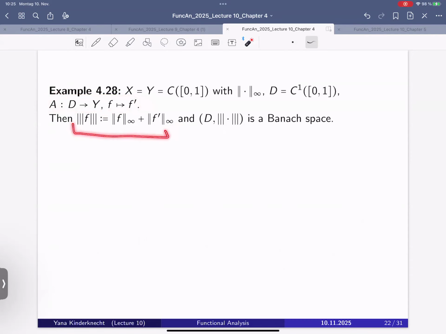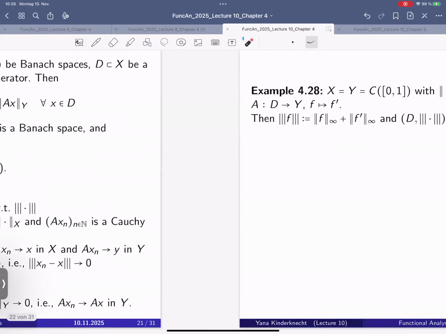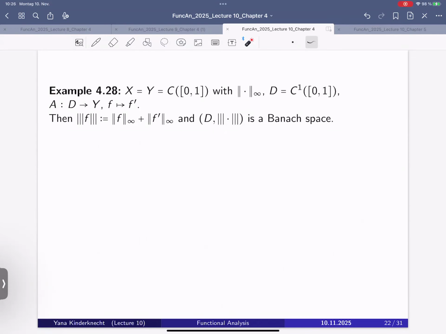And it is known that C1 endowed with such a norm is a Banach space. I mean, it follows immediately from what we have discussed right now, but I guess it is known even before that if C1 is endowed with such a norm, then it is a Banach space. Okay, let us go further.